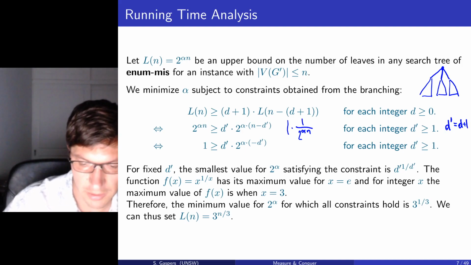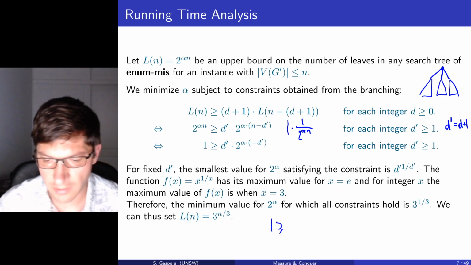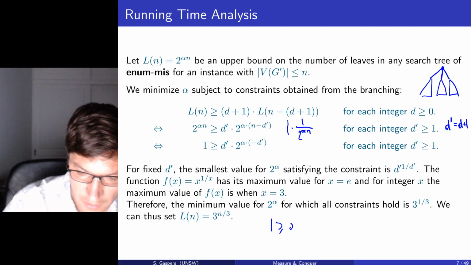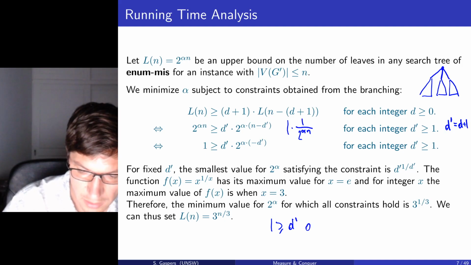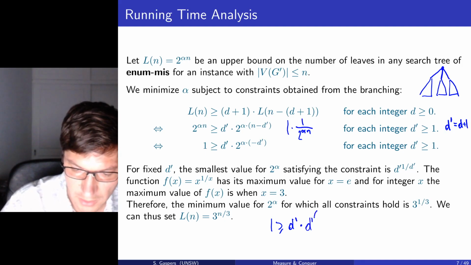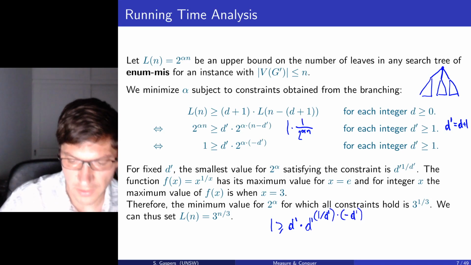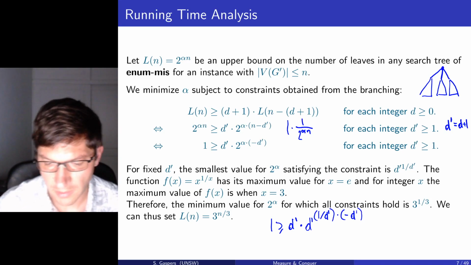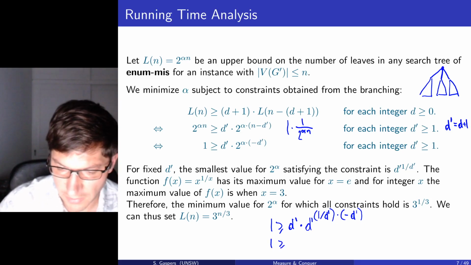Let's do a quick check. So let's say we take this constraint and we will replace 2 to the power alpha by d prime to the power 1 divided by d prime. So this is my constraint where I have done this replacement. Now I can simplify some things.